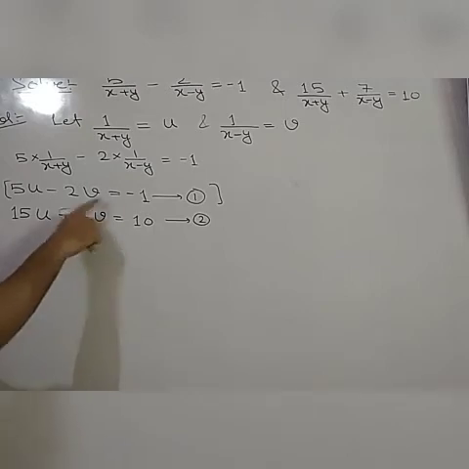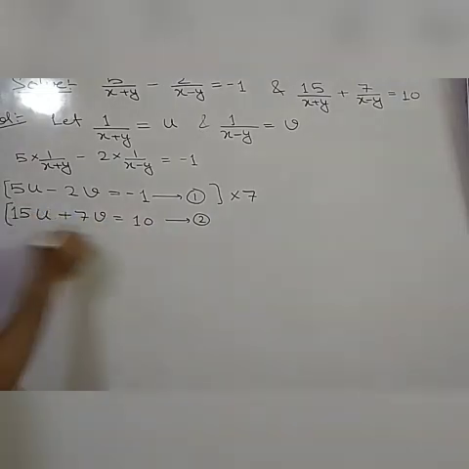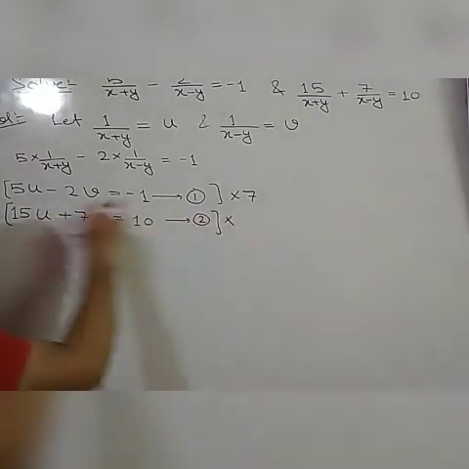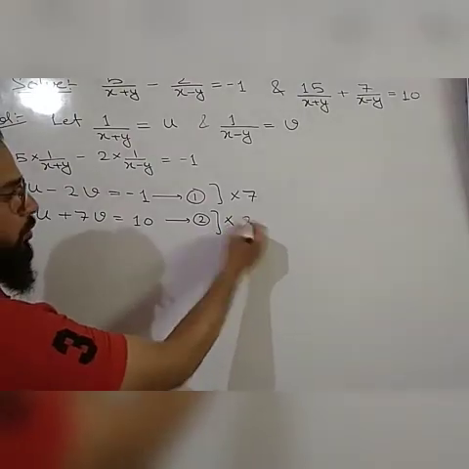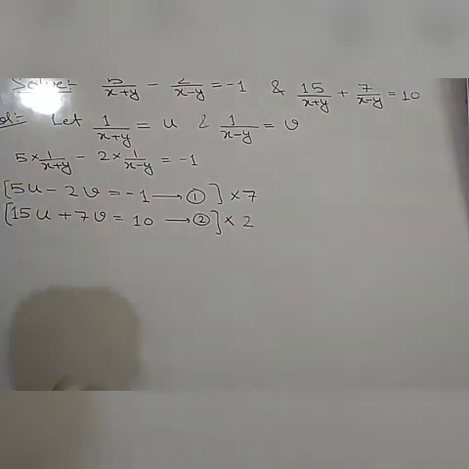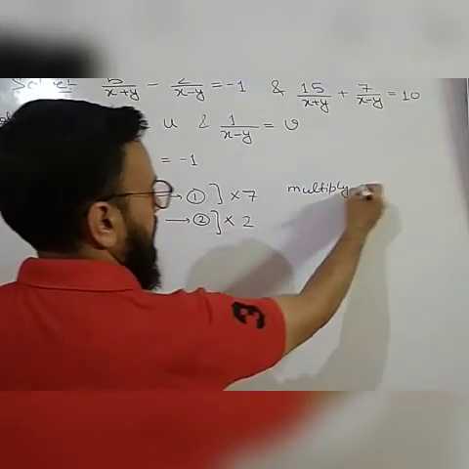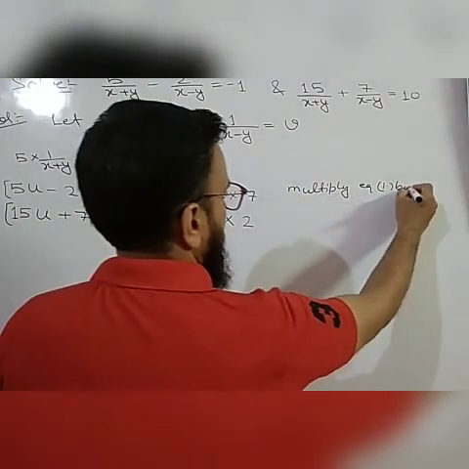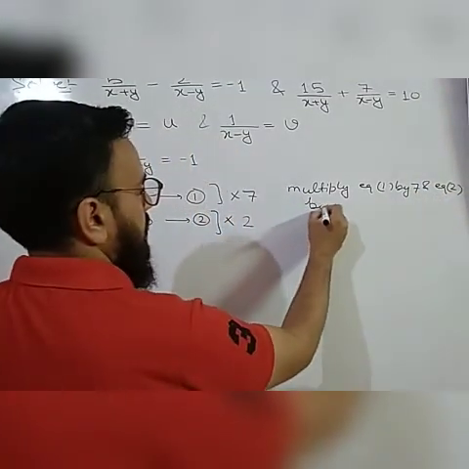So we will multiply the first equation by 7 and the second equation by 2, because the coefficient of v in the first equation is 2. So write it here also: multiply equation 1 by 7 and equation 2 by 2.